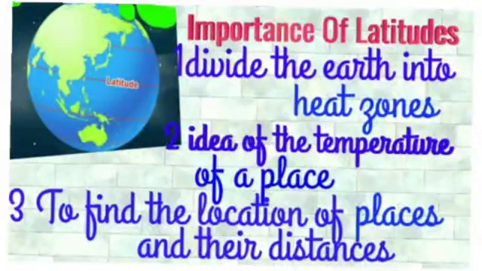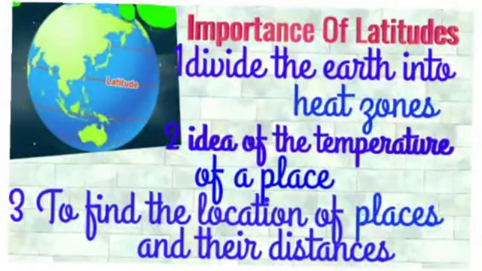We can determine the general temperature and climate of a place with the help of latitudes. It helps us to form an idea about the vegetation and wildlife of a place.